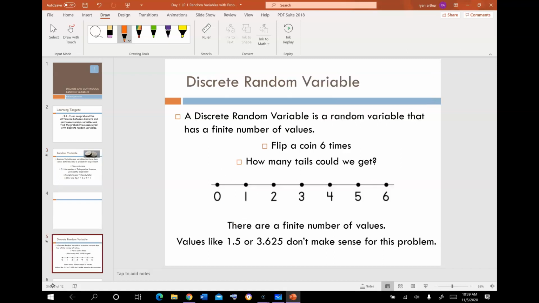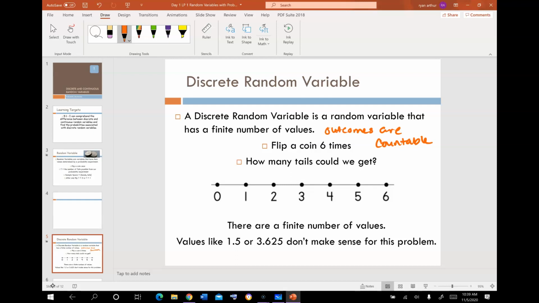Now, there are two types of random variables that we're going to see. One is going to be a discrete random variable. It's a random variable that has a finite number of values. Basically what that means is you can count your outcomes, okay? Your outcomes are countable. All right, that means I can count them like 1, 2, 3, 4, 5, 6.